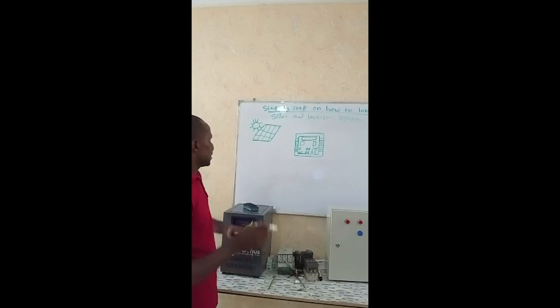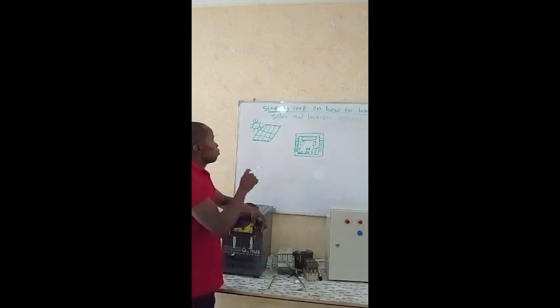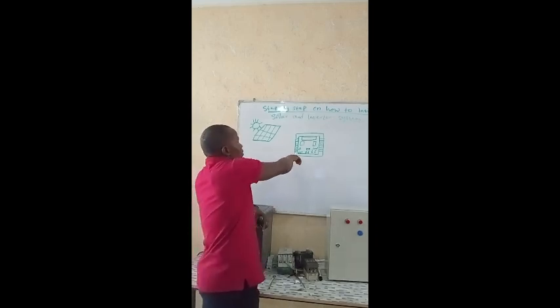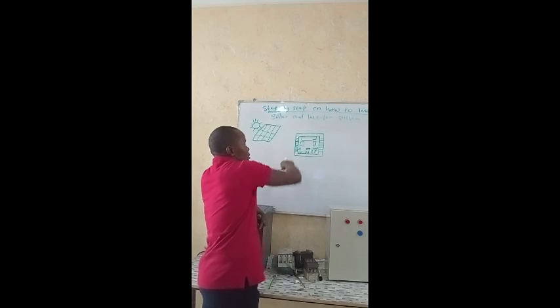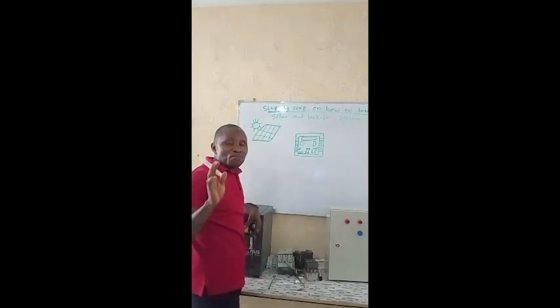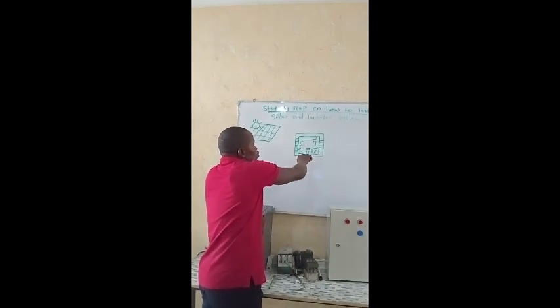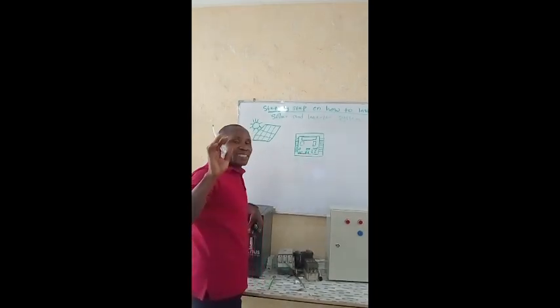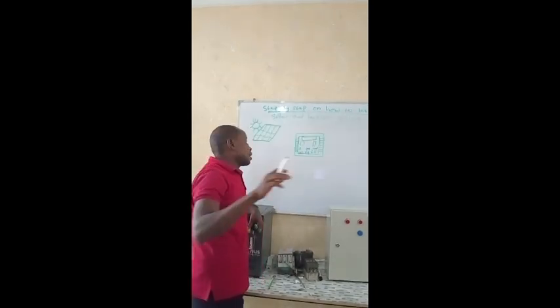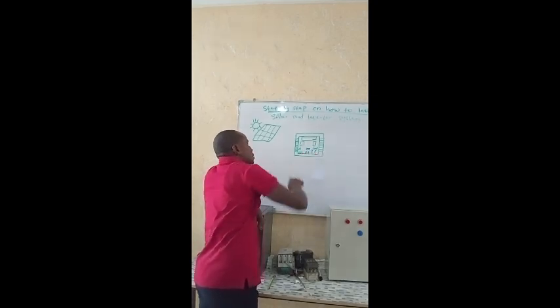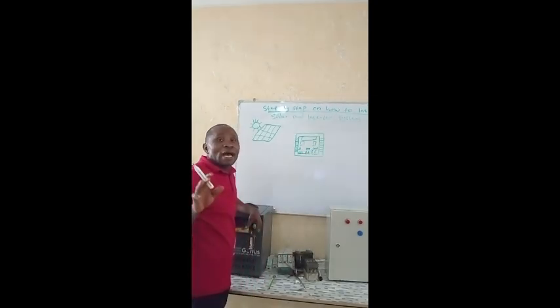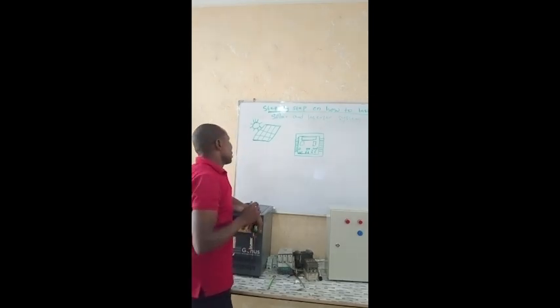Now, on the charge controller, you will see that these 2 terminals are for panel input. The following 2 terminals are for battery, and the last 2 terminals are load. That is the DC load.